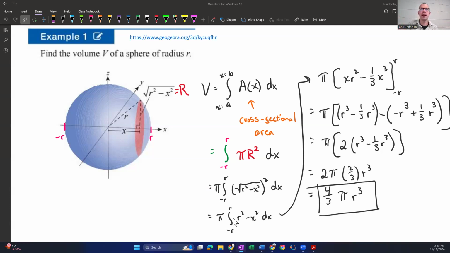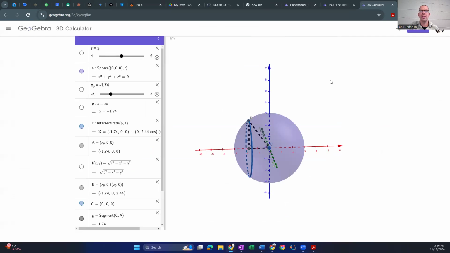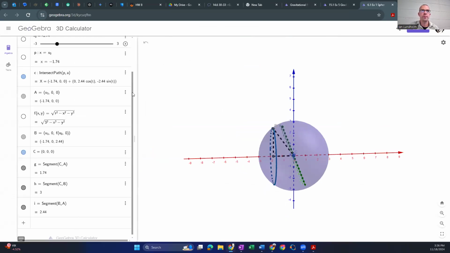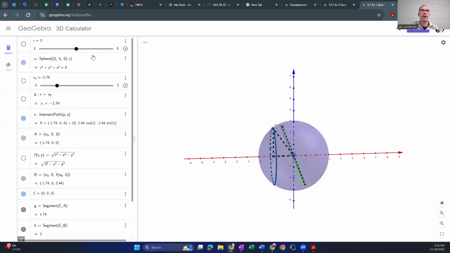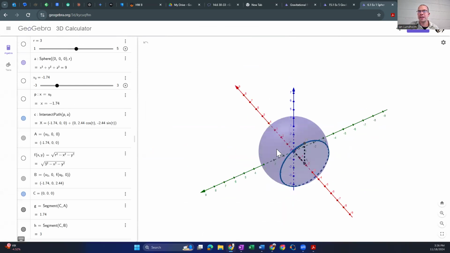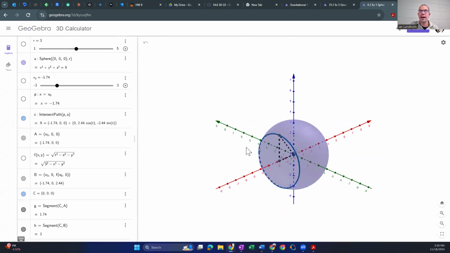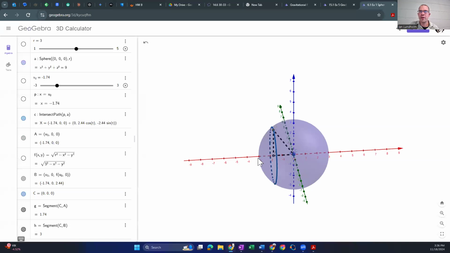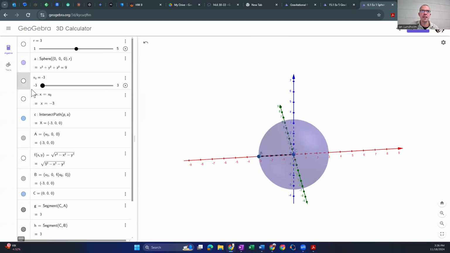This is pretty cool. I suppose I did a GeoGebra thing and we could look at it. Okay. So here I've got a sphere of radius 3. This is going out to -3 on the x-axis to +3. And if I slide this back, this is how we were taking the area.